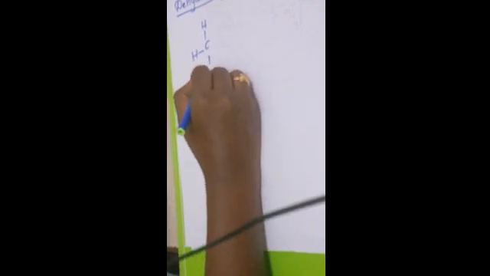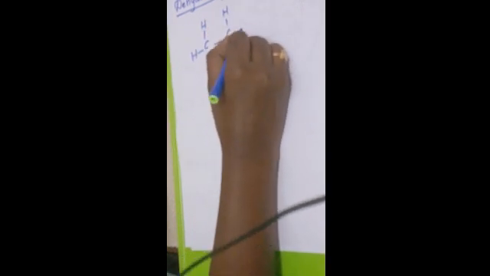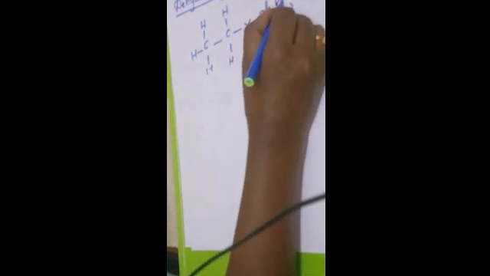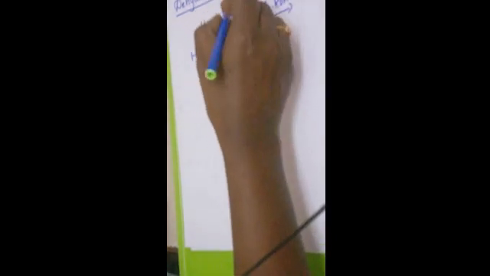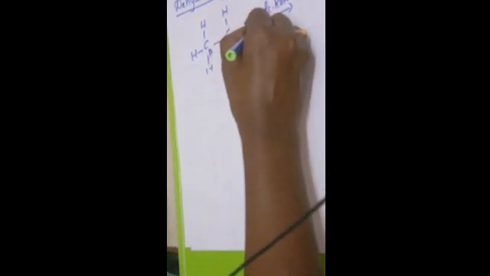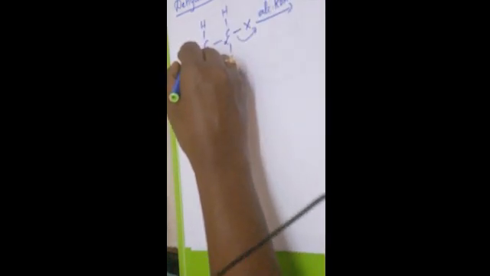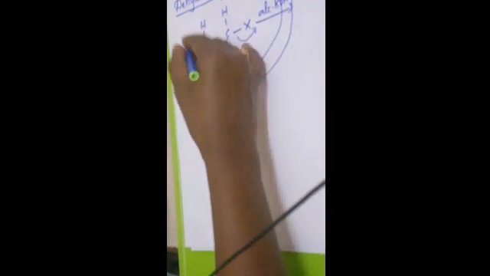So we already studied the E1CB mechanism, same like CH, CH. Here the halide group is treated with the alcoholic KOH. This is the alpha carbon atom, this is the beta carbon atom. Halide will be removed from the alpha carbon atom and there is abstraction of hydrogen atom from the beta carbon atom.